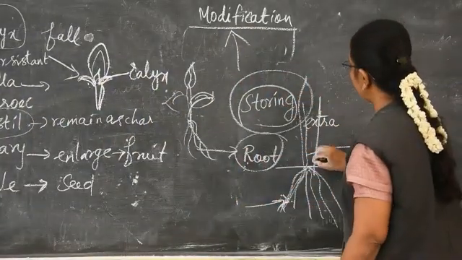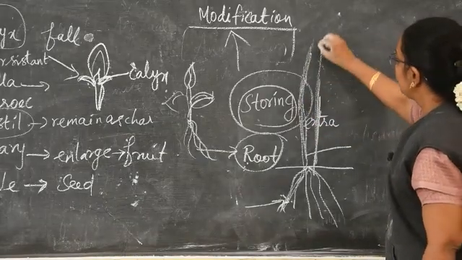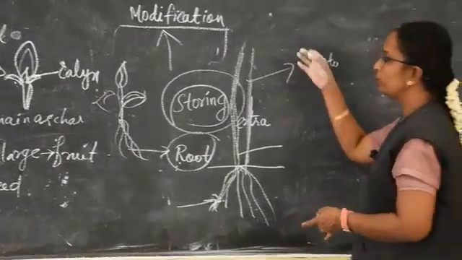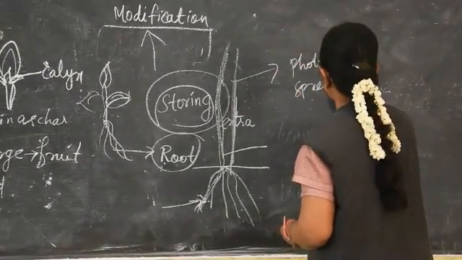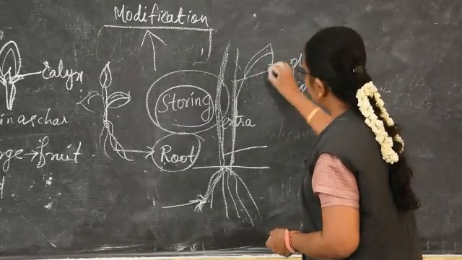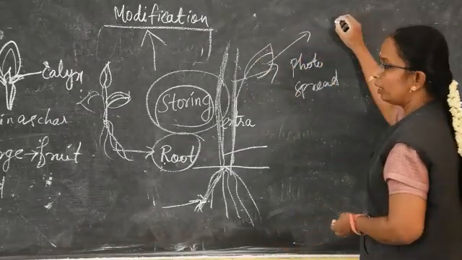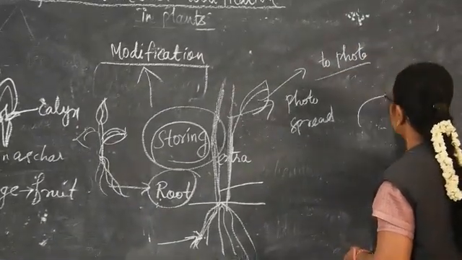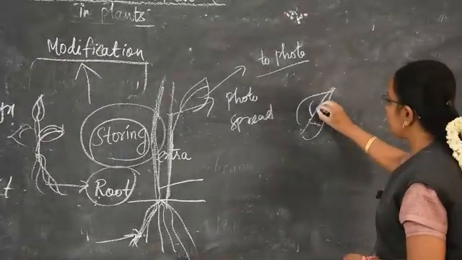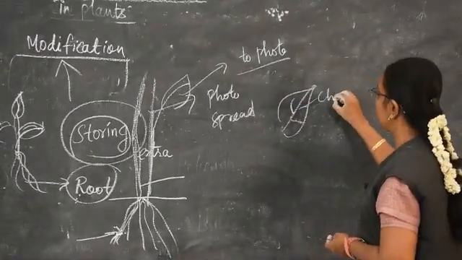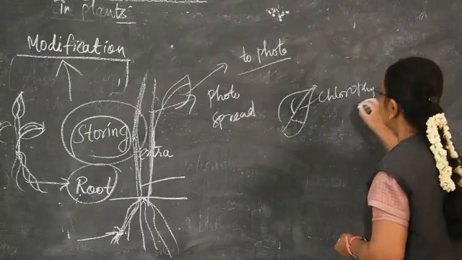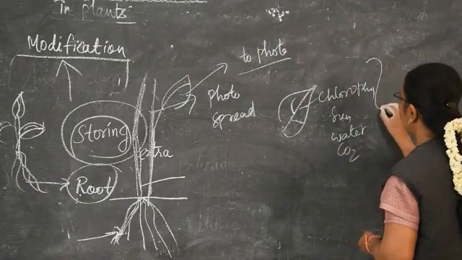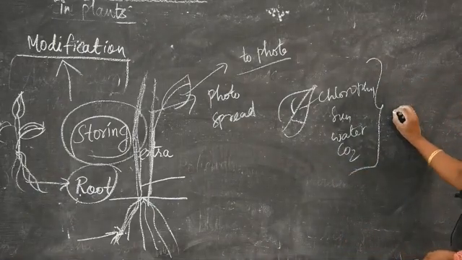And the stem is meant for spreading the parts to the sunlight. And then the leaves are evolved for photosynthesis. So leaves are known as the food factory of the plant because chlorophyll is present in the leaves. With the help of chlorophyll, sunlight, water and carbon dioxide, the plant prepares its own food.